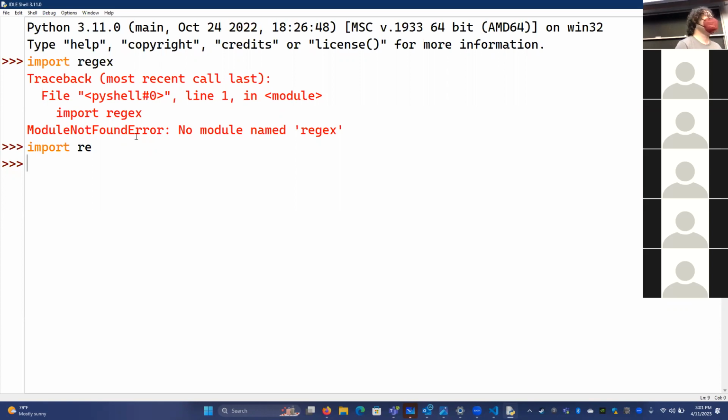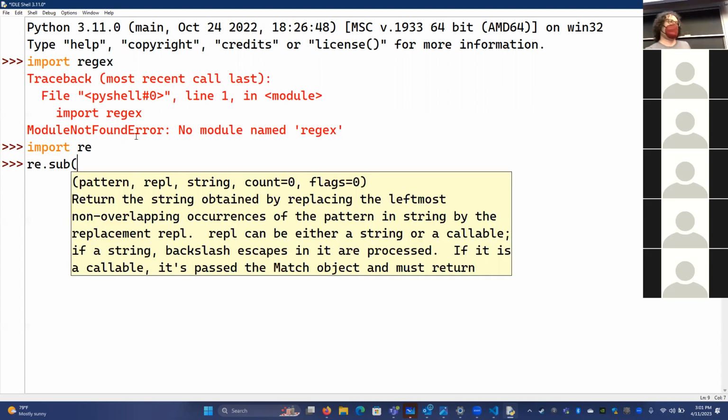Now the most common thing you'll be using, there's a lot of different ones over here. For instance, there's the idea of creating pattern objects, which create match objects, which are useful if you want to do optimization. But this being Python, it has ways that you can skip all that and not have to worry about optimization. The one that we'll be using most of the time is re.sub, which takes a pattern, a repl, a string, and then 2 other optional variables.